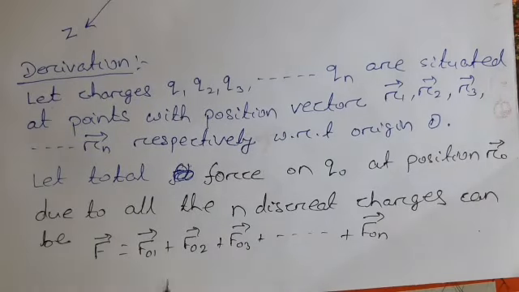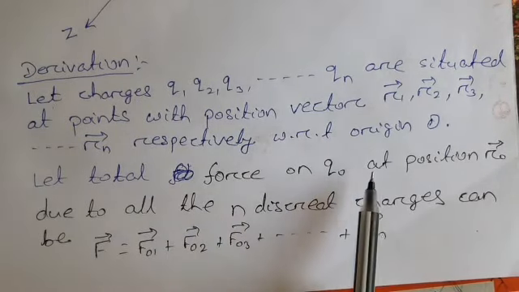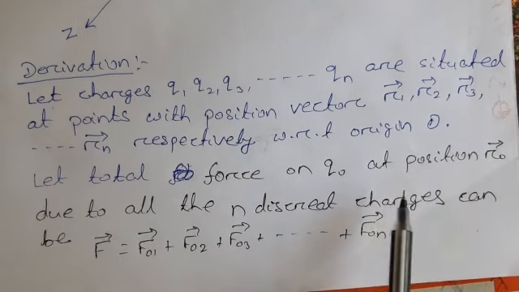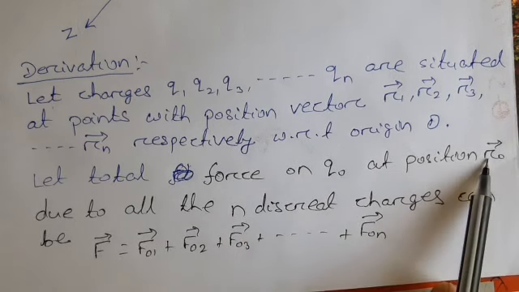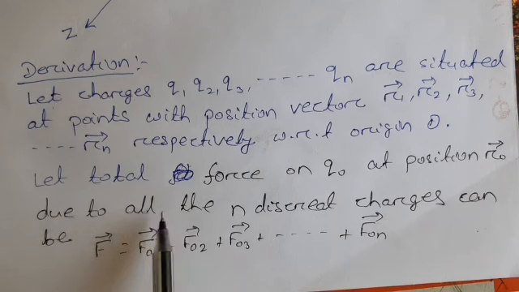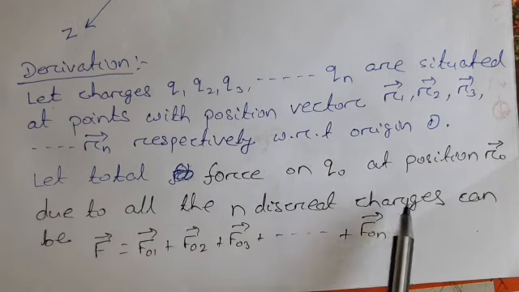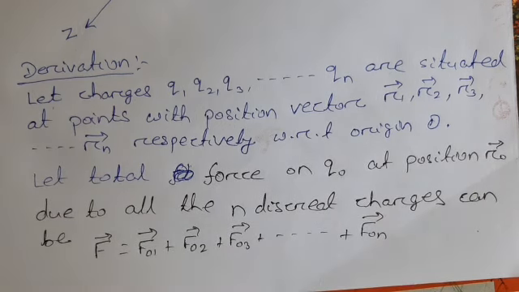Okay, so the total force on Q naught at position R naught, the position vector of Q naught being R naught, due to all the n discrete charges. n discrete charges means Q1, Q2, Q3 up to Qn.